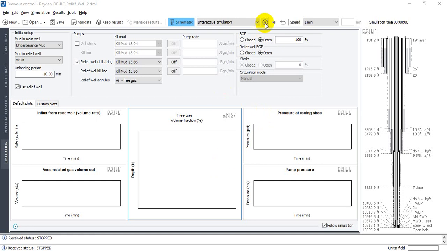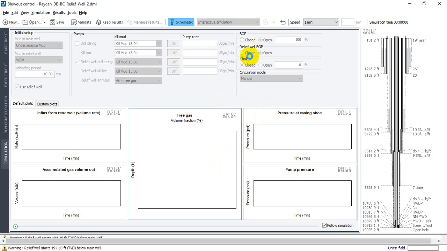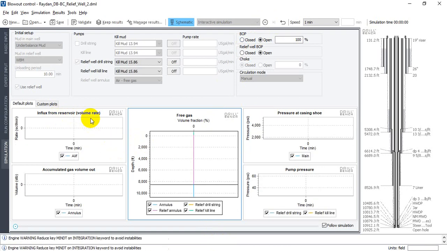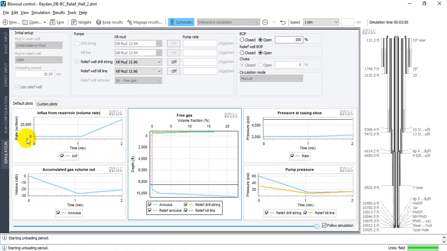We will run the simulation for the blowout control for the Rayyan well. You can see the plots will move here: the influx from the reservoir, volume rate per minute, time and rates.